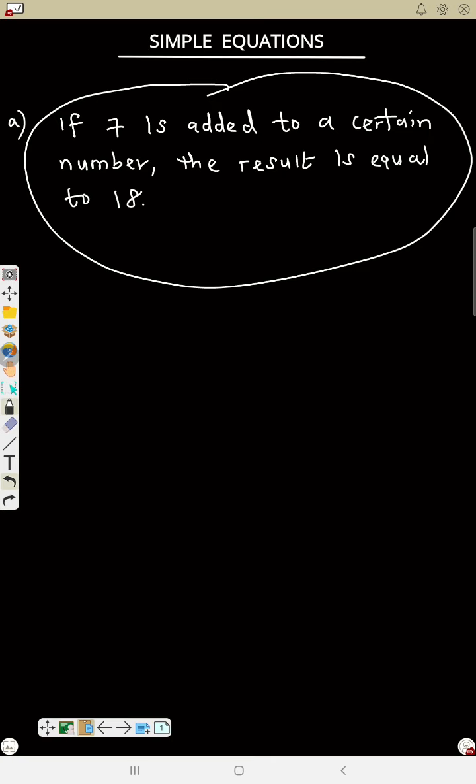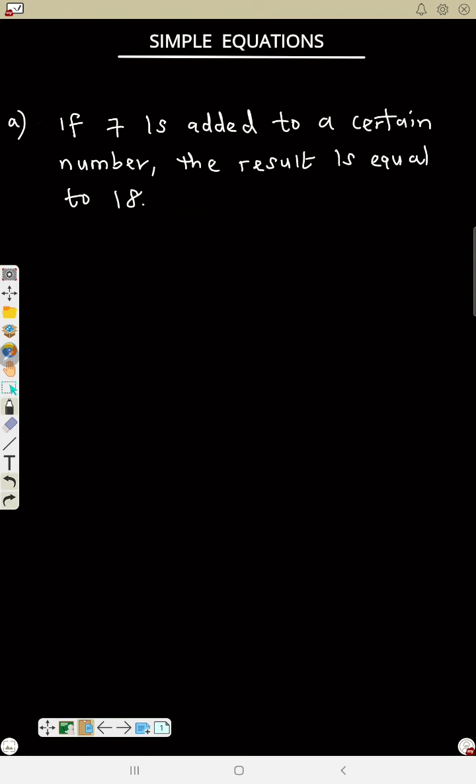Based on what we have done so far, let us now interpret back to equation. So let's take it one by one. Now, if 7 is added, added is plus. If 7 is added to a certain number, that is, a certain number is x, we don't know.